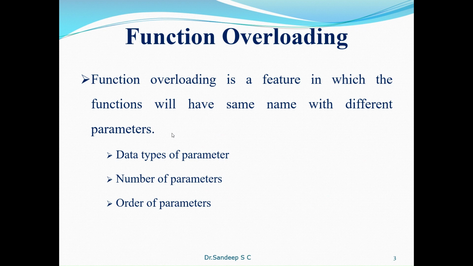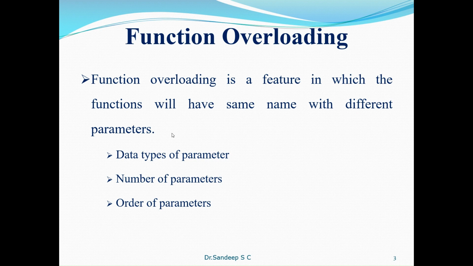Now they are called based on what argument we pass. If we pass a float argument, that particular function is called, and if we pass an integer argument, that particular function is called. Similarly, another way is making the number of parameters different. Say one function takes only one parameter and another function takes two parameters, but both functions have the same name.